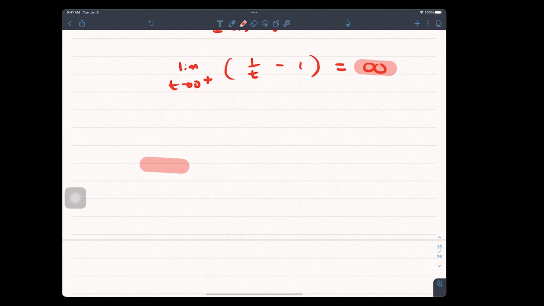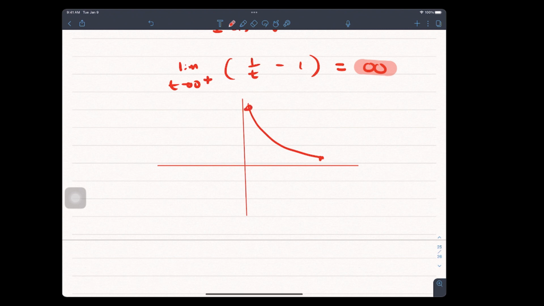Well, yes, exactly. In other words, there's a couple of ways we can do this. This is the curve. If this is t, this is 1 over t. You're going to 0 from the right. So in other words, 1 over t gets what? Big. And as t goes to 0 from the right, 1 over t gets very big. Something very big minus 1 is still very big.